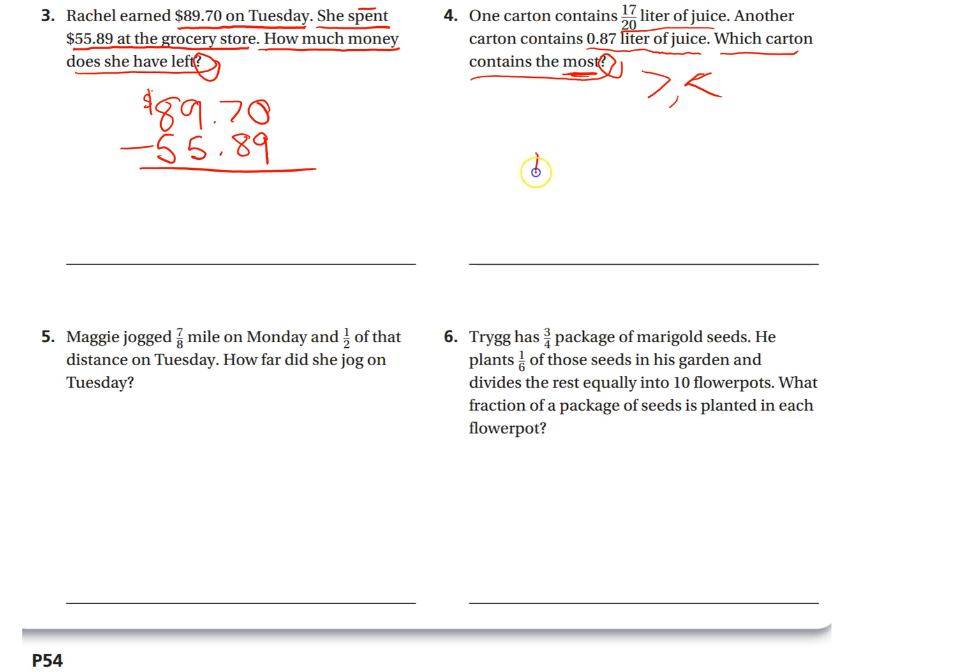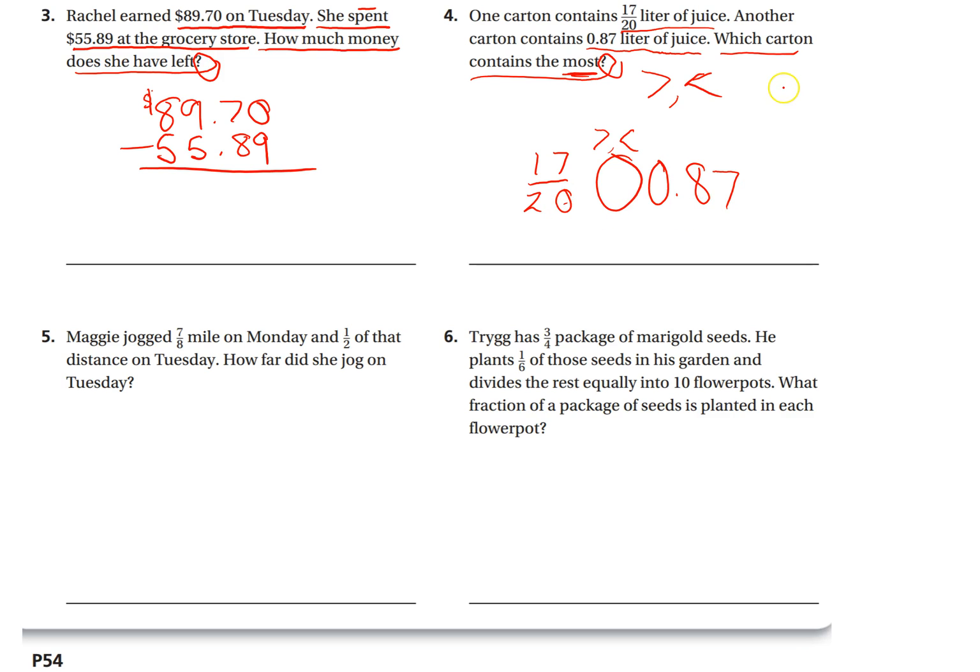And you're comparing 17/20, and then this is where the greater than or less than sign would go, to 0.87.